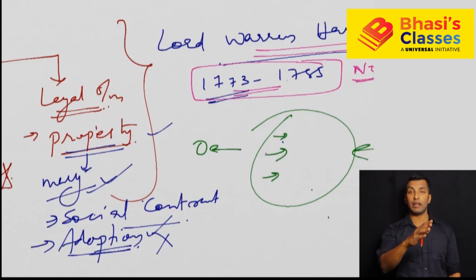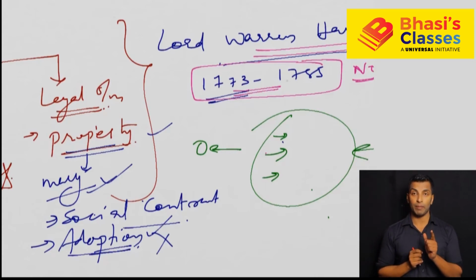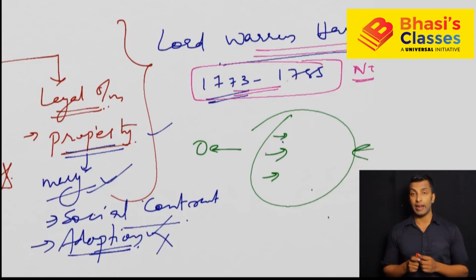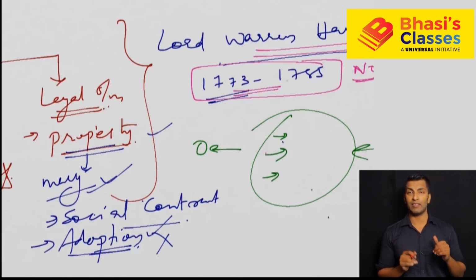In these categories, the doctrine of lapse was not applicable. Only those states created under the British Charter were subject to it. States like Satara, Jabalpur, Nagpur, Jhansi, etc. were annexed under the doctrine of lapse, as they came in the third category. We'll discuss this in detail when we discuss Dalhousie and the 1857 revolt.